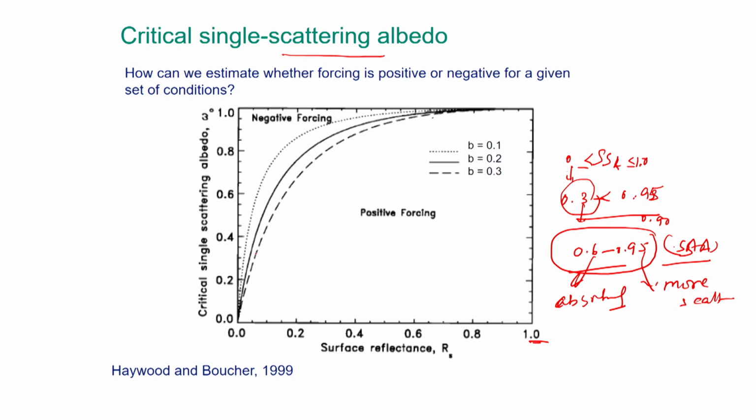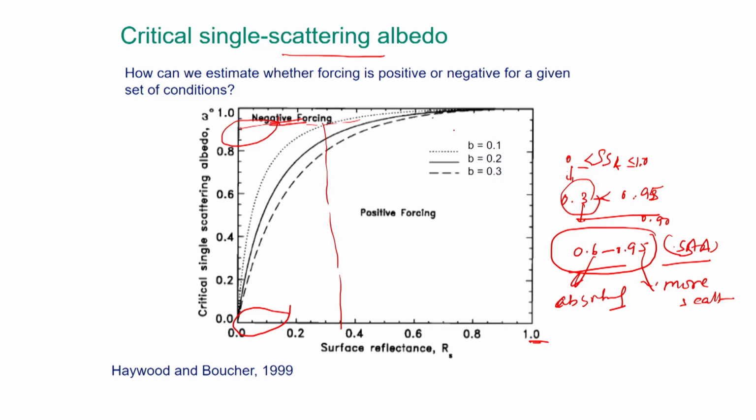Even if the surface albedo is very low, with a very high single scattering albedo, this can be very negative.